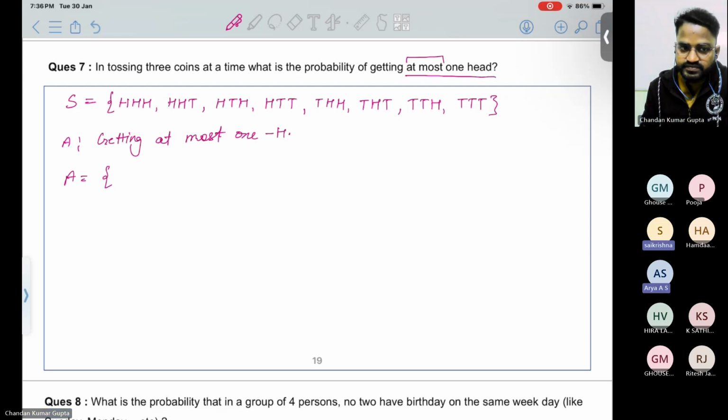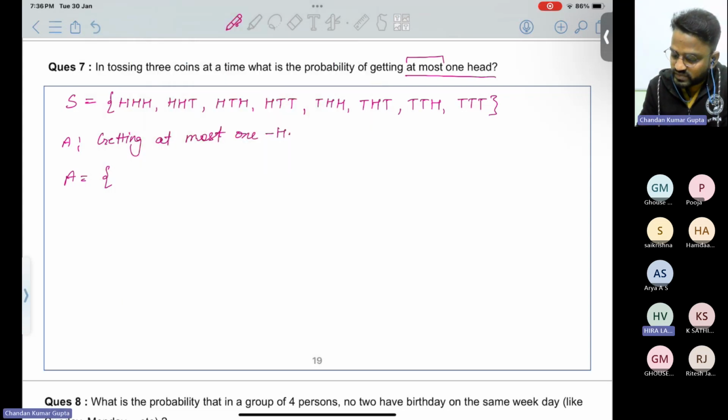Anyone? H, H, H. Yes. Are you sure? Actually, it is at most one head, na? Either there is no head, or one head: HT and TH. Okay, let me write then.